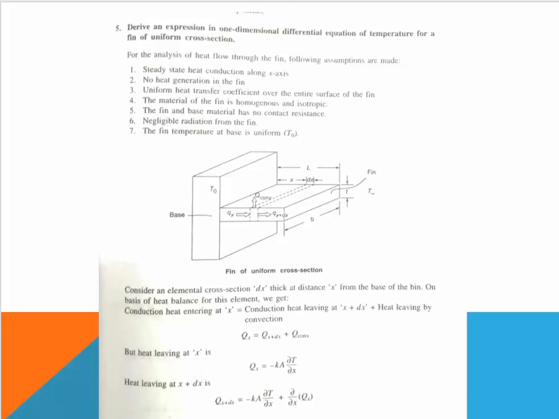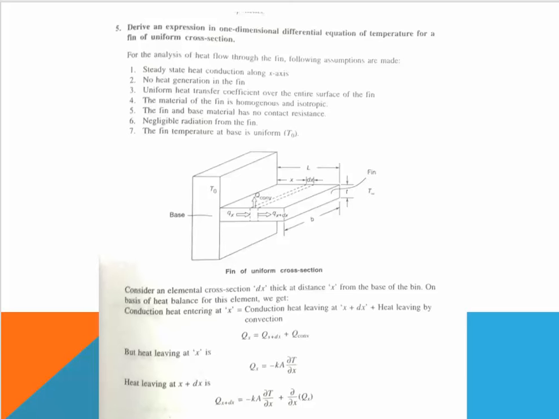Next, if we have to derive the expression for the one-dimensional differential equation of temperature for a fin of uniform cross-section area, then initially we have to take some assumptions. The assumptions are steady-state heat conduction along the x-axis. Then, no heat generation in the fin.